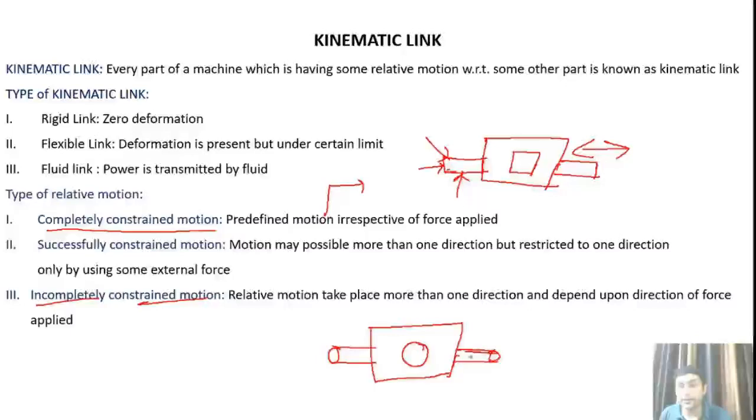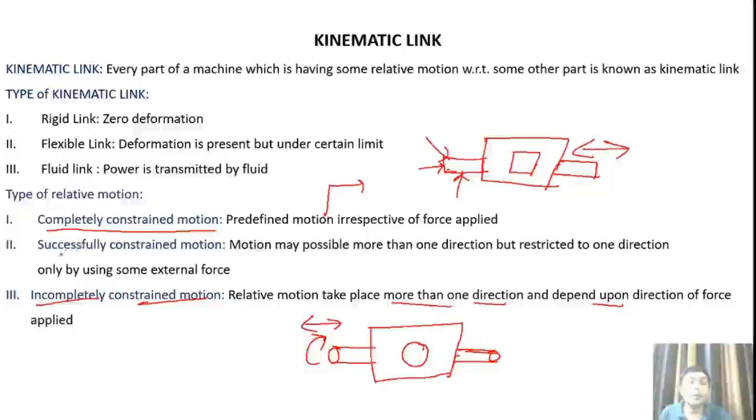The shaft has the same diameter as that of the hole. This shaft can translate in this direction, or it can also rotate. So motion takes place in more than one direction, and it also depends upon the force applied. If we apply force in the horizontal direction, it will reciprocate through the hole, whereas if we apply force in the form of torque, then it will start rotating in the hole.